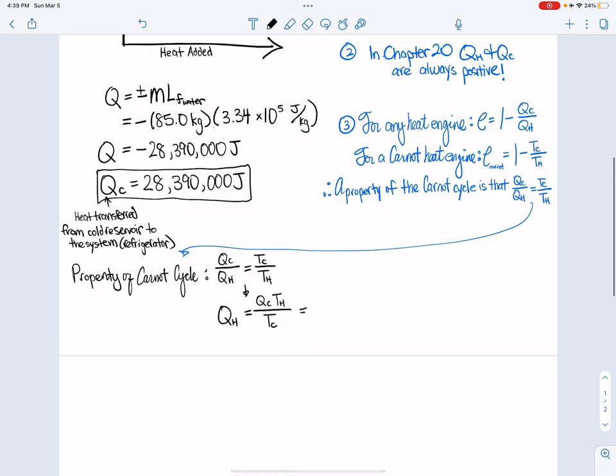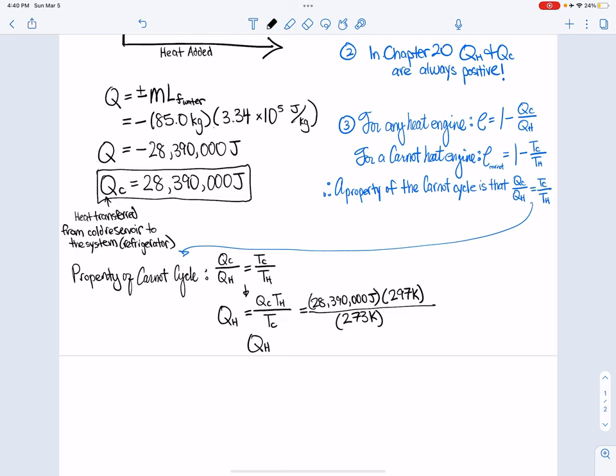My value for QC is equal to 28,390,000 joules. My value for my hot temperature is 297 Kelvin, or 24 degrees Celsius, but I need to use Kelvin. And then I divide that by my cold temperature, which is 0 degrees Celsius, and that's 273 Kelvin. All right, so I plug that in. My units cancel out with Kelvin, so I'm left with joules.